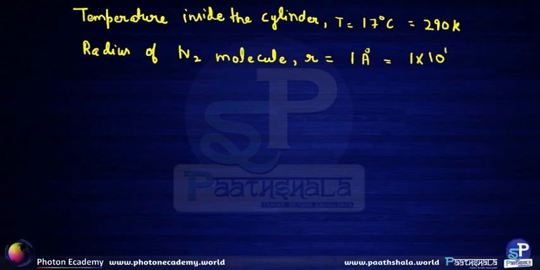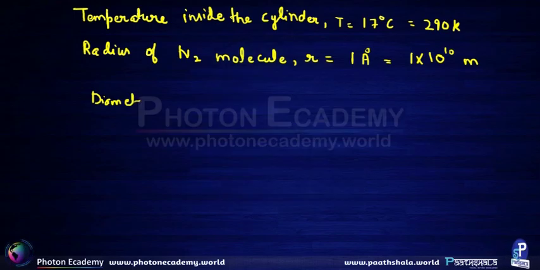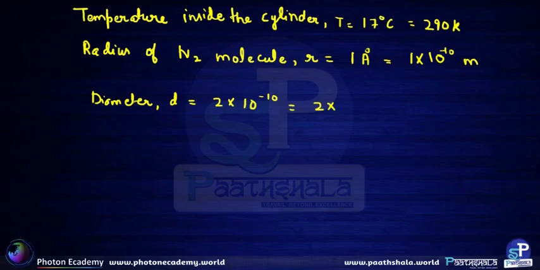So the diameter D will be equal to 2 into 10 raised to the power minus 10 meters.